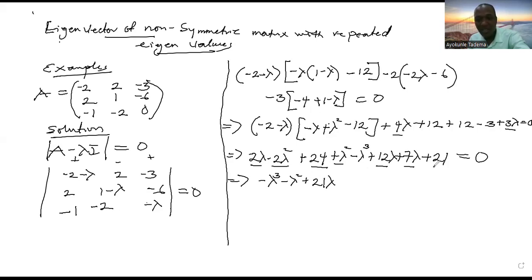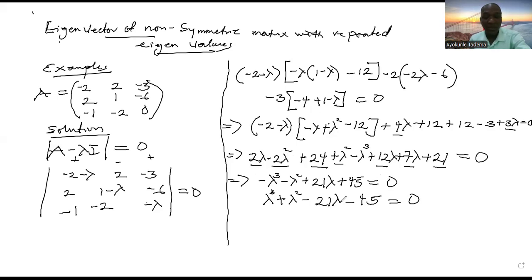This and this will give us 45, plus 45 equals 0. When you multiply through by -1, we have lambda raised to power 3 plus lambda squared minus 21 lambda minus 45 equals 0. Now you solve this.